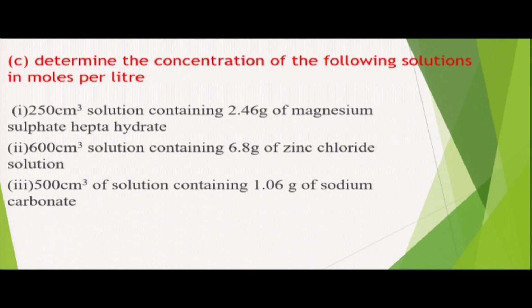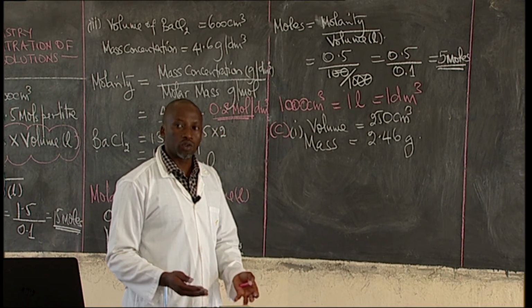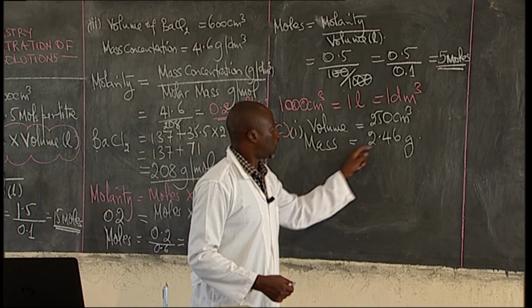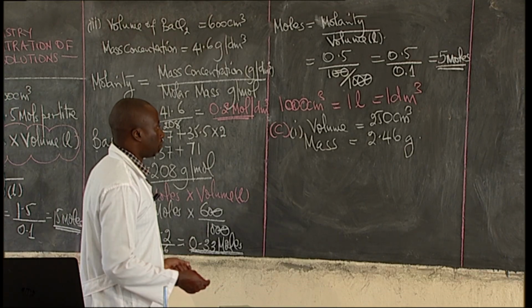This is the mass that was in 250, so we need to look for the mass that is in a liter. That is the mass concentration. What do we do? We need to first get the number of moles here, and then get molarity.